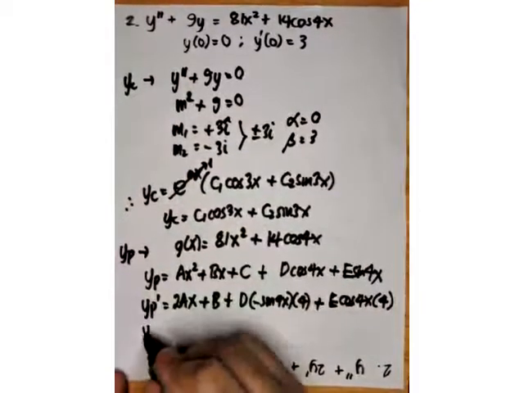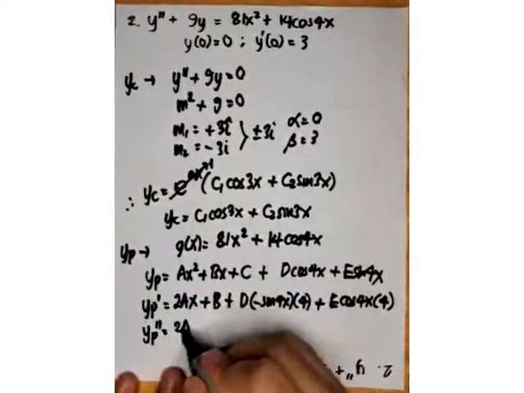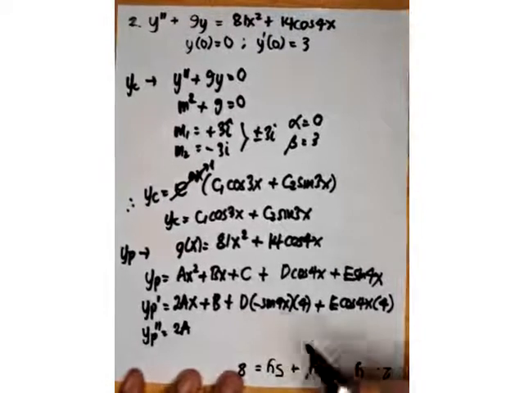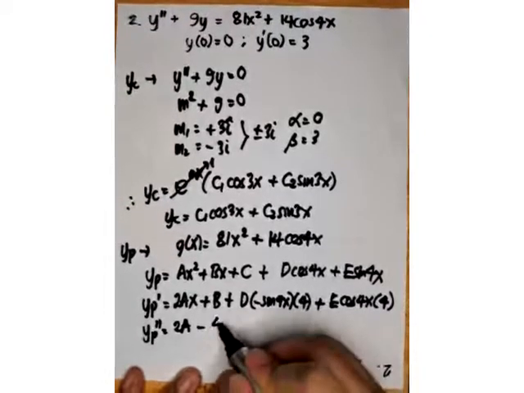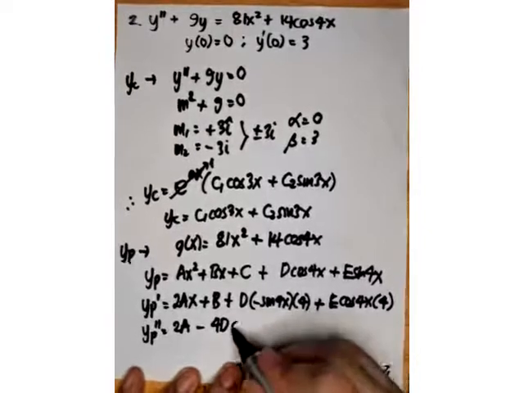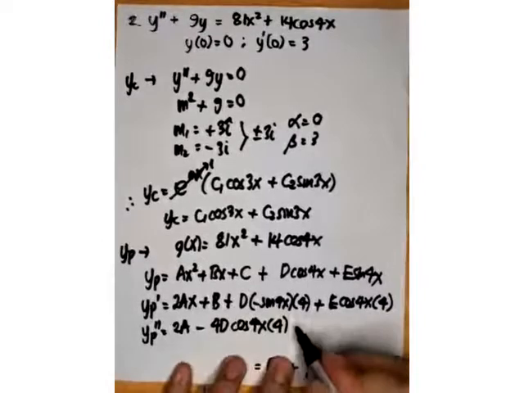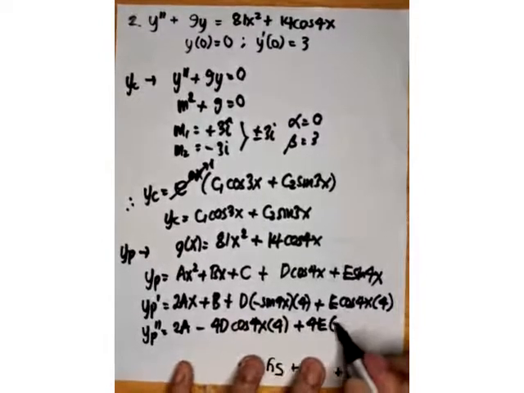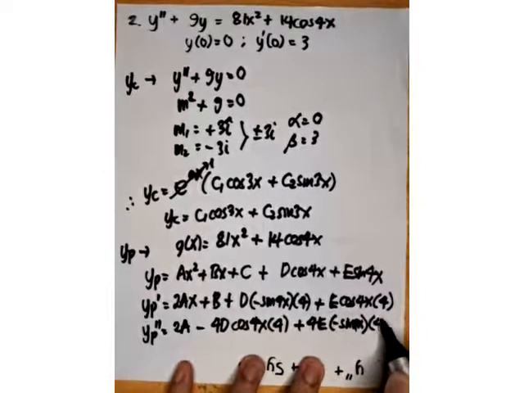Okay, next yung y double prime. So this is equal to 2a. So this is 0. Okay, and then ito ay negative 4d cosine 4x times 4 plus 4e times the negative sine 4x times 4.